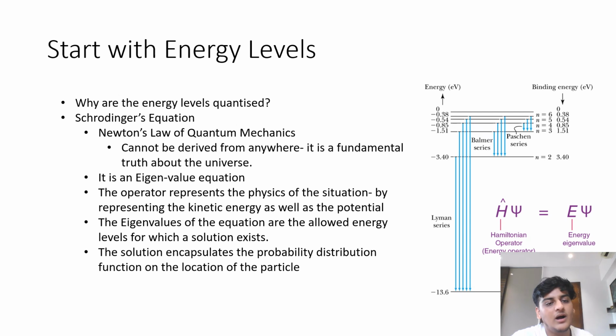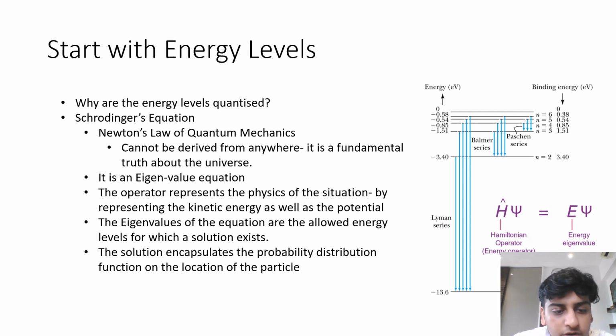Now, just like you have Newton's law in classical mechanics, we have an equation in quantum mechanics called Schrodinger's equation. Getting into the nitty-gritties of what this equation is, or giving some intuition about it, I'll do slightly later.